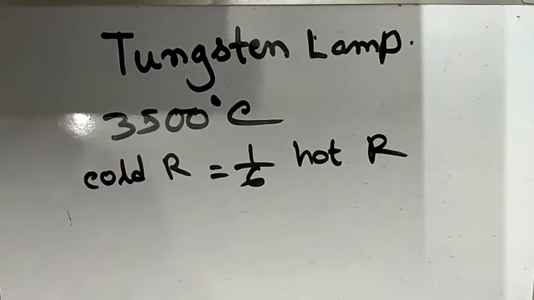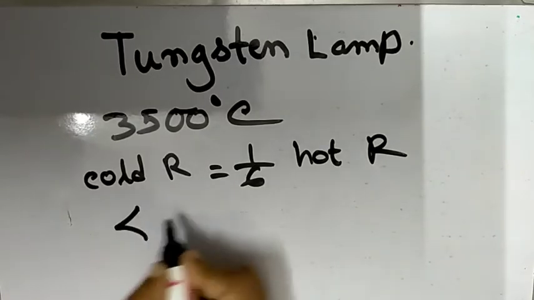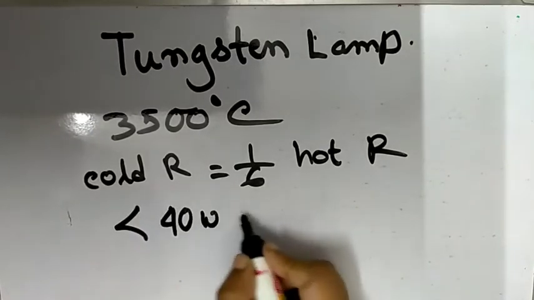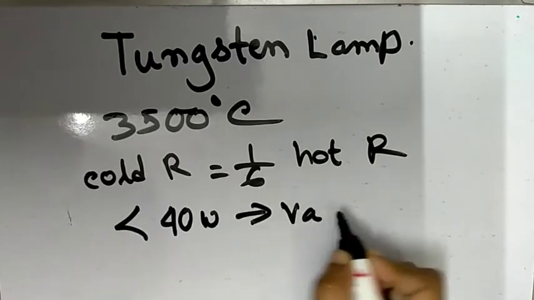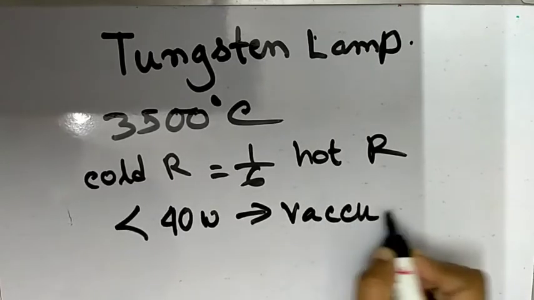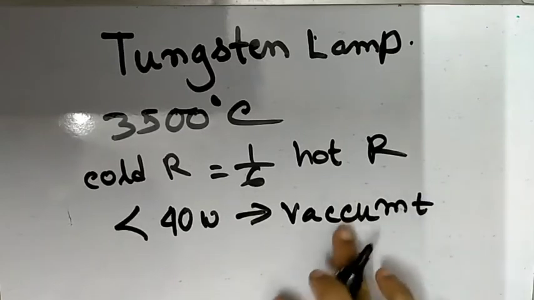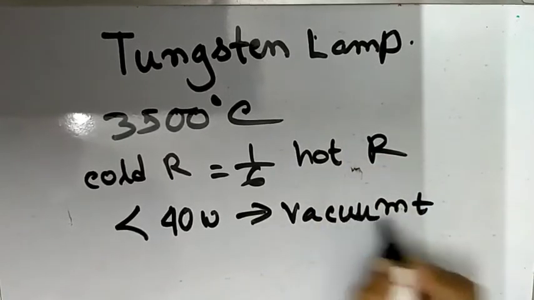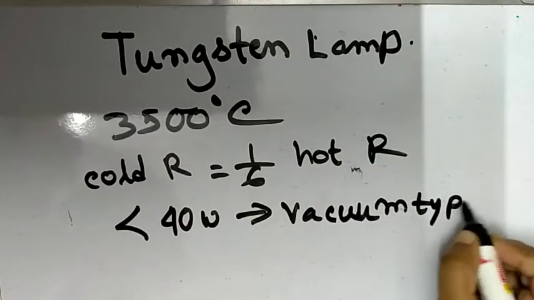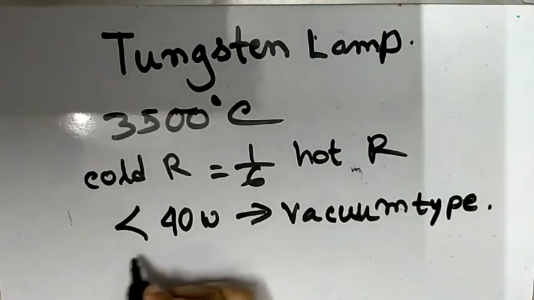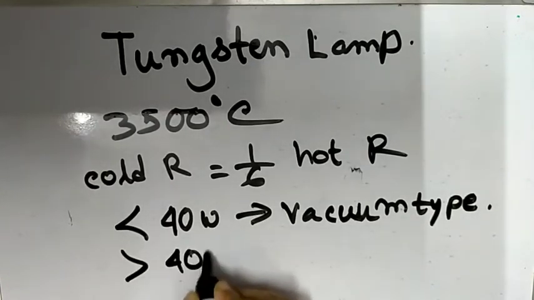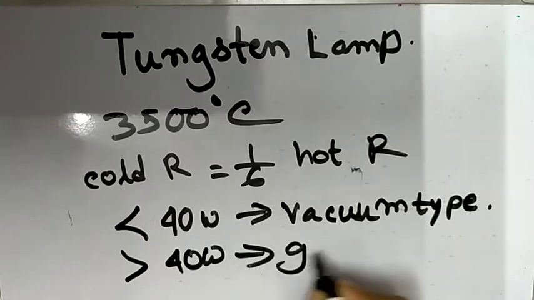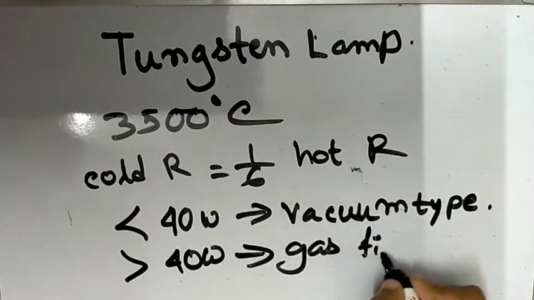Usually bulbs with rating 40 watt and above are gas filled, whereas below 40 watt they are vacuum filled, vacuum type.